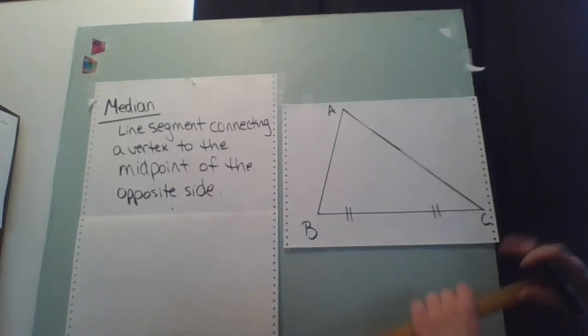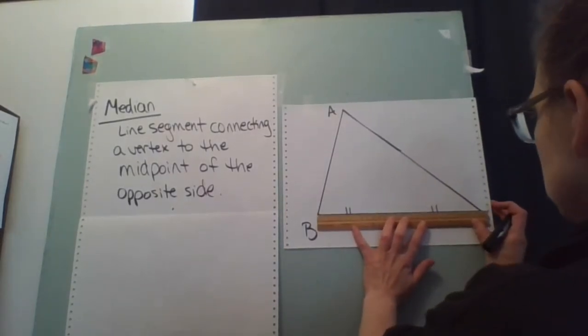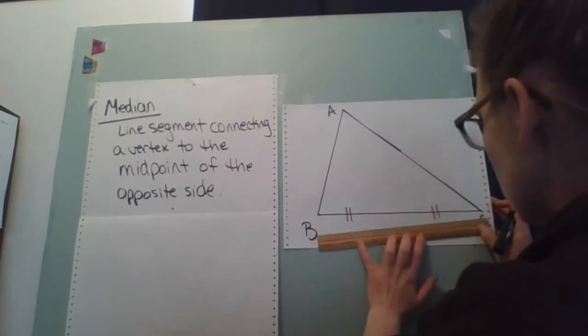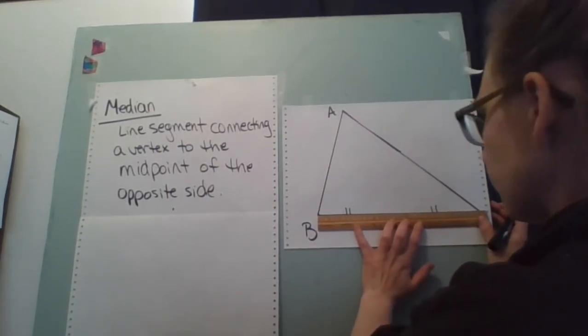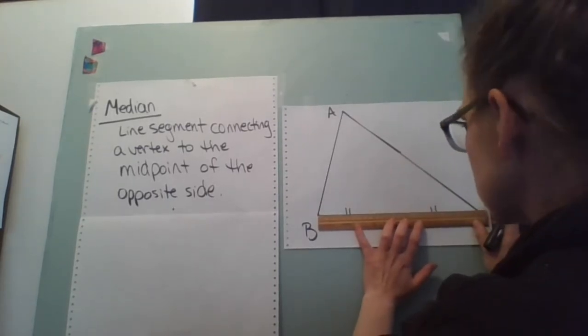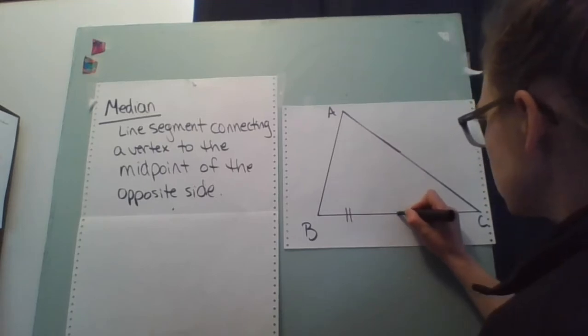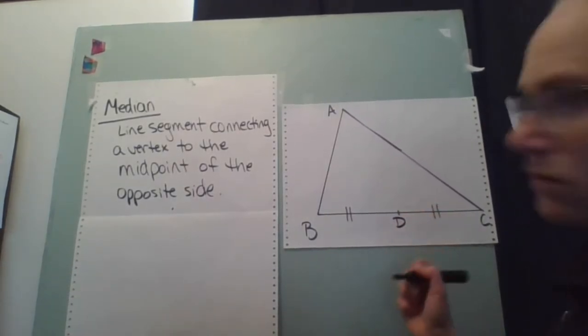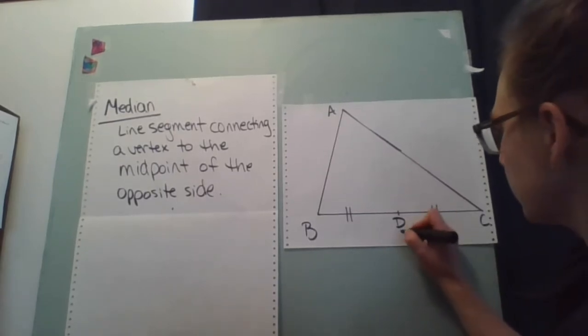So let's see here. Let's see, that's what, 29. So what's half of 29? 14.5. It's right there if I did it right. Yeah. So there's my midpoint. ABC, I don't know, we'll call that D. Maybe M, whatever.